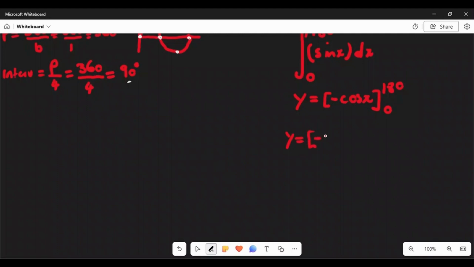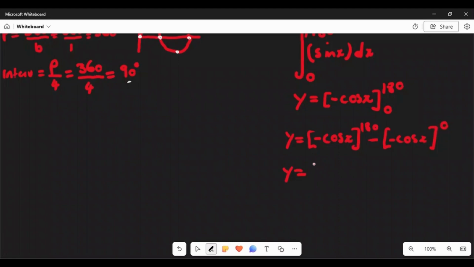So we're going to write the upper limit, cos x with 180, minus cos x with the lower limit, which is 0. So from here, guys, we substitute our x's with the limit. For the first bracket, x is going to be substituted by 180 degrees, and for the second bracket the x is going to be substituted with 0 degrees.